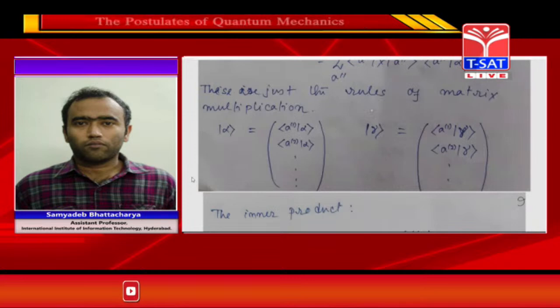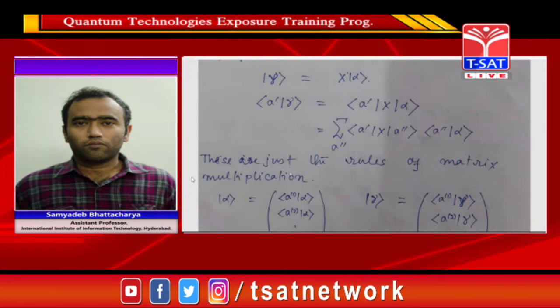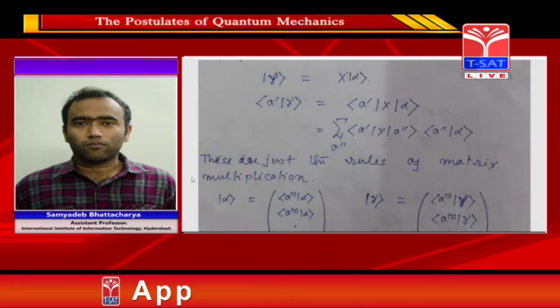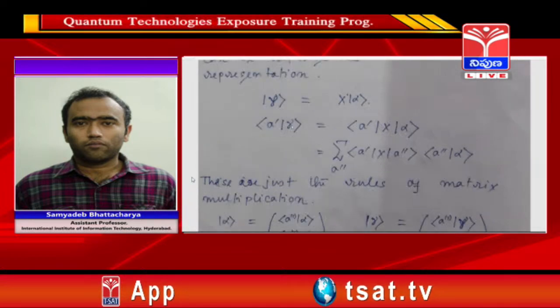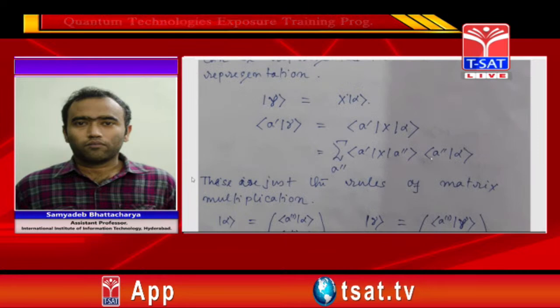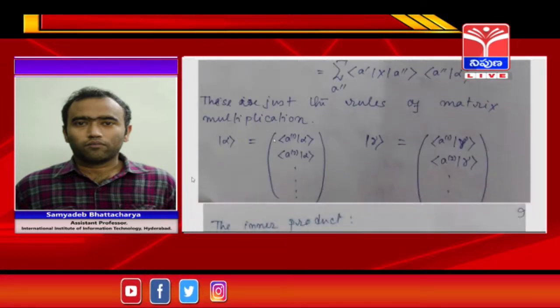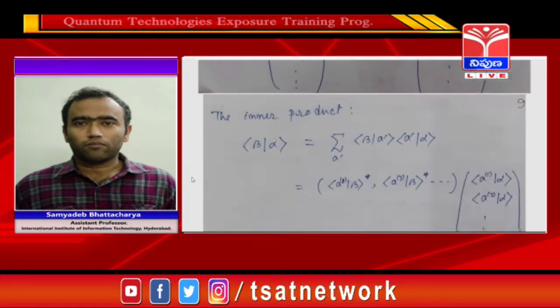So therefore, this is the matrix multiplication, a column matrix equal to a square matrix times again a column matrix. So that is again the rule of matrix multiplication that we can reproduce from our calculations, from our new notation.